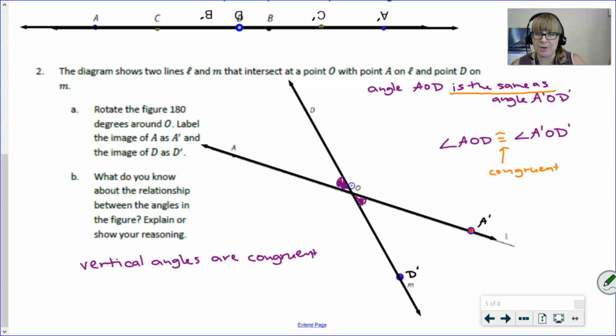I also would like to point out this angle here and this angle here are also vertical angles. So I could even list that out and say angle DOA prime is congruent to angle D prime OA. So even these green angles here are congruent to the green angles.